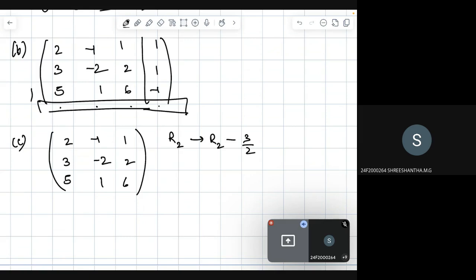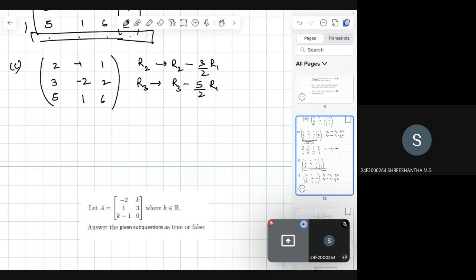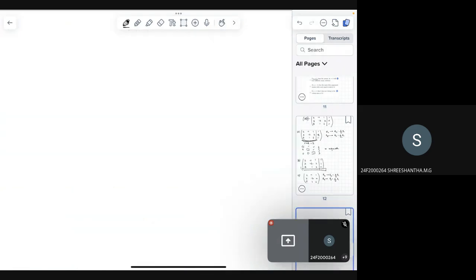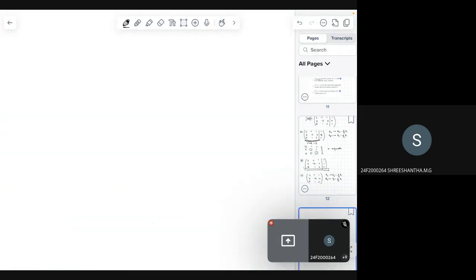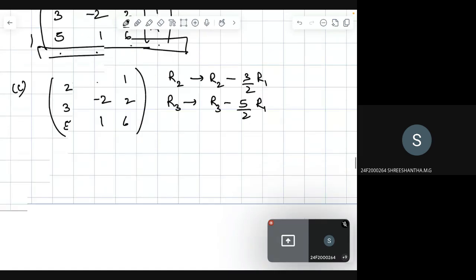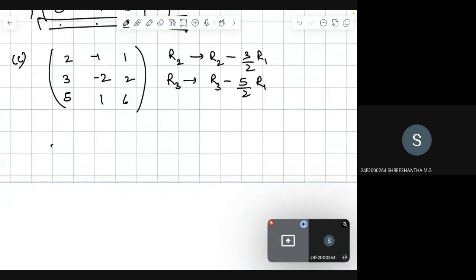Okay, then we have 2 minus 1 1, this is 0. Then we have minus 2 minus 3 by 2 into minus 1, which is plus 3 by 2.